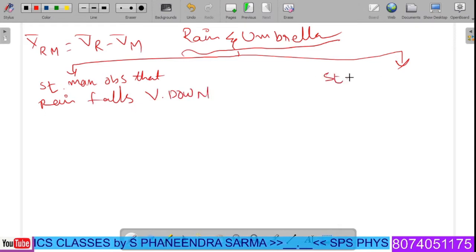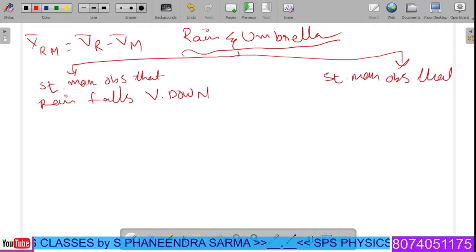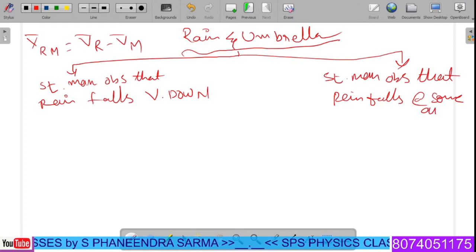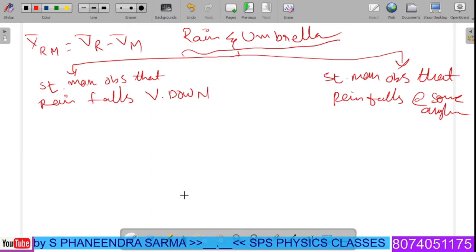Second case, a stationary man observes that rain falls at some angle. So these two cases primarily we have to consider here.